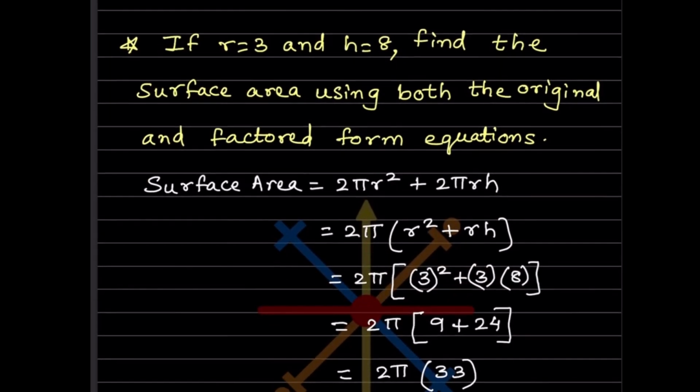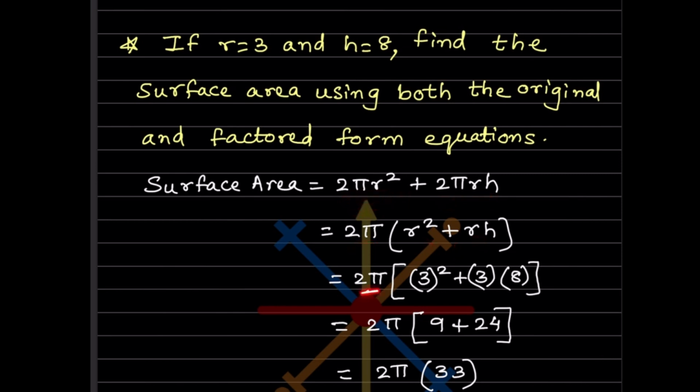So here now it's given if r is equal to 3 and h is equal to 8, we have to find the surface area using both the original and factored form equation. So for the surface area, we have the formula that is 2 pi r square plus 2 pi rh. So now from this one, these are two terms. So we will take 2 pi common, and r square plus rh will be in the bracket.